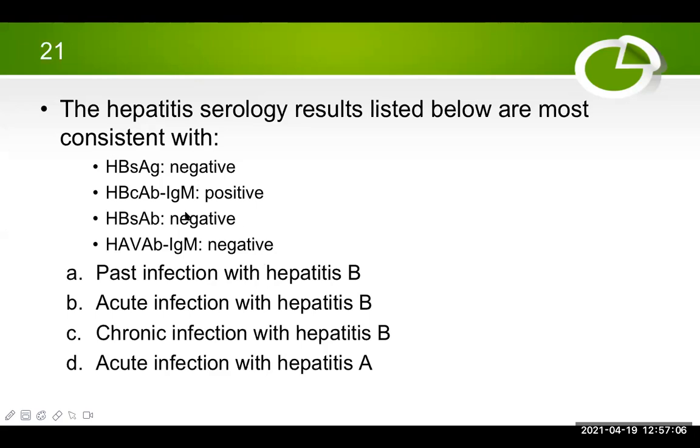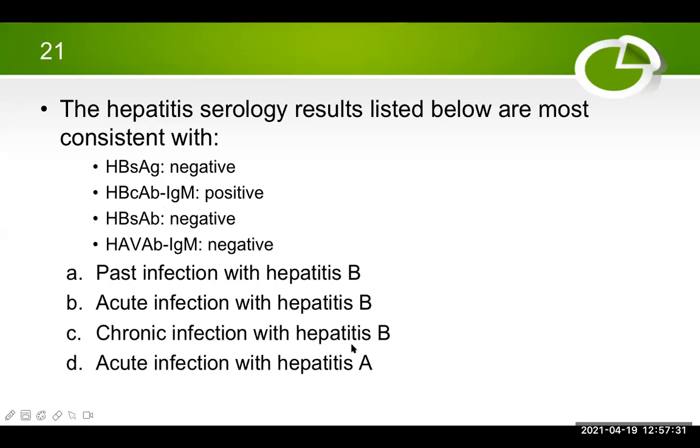Absolutely correct. See, this IgM antibody is mainly positive in acute infection. And this IgM antibody is positive against hepatitis B core antigen here. So there is no point of choosing hepatitis A here.